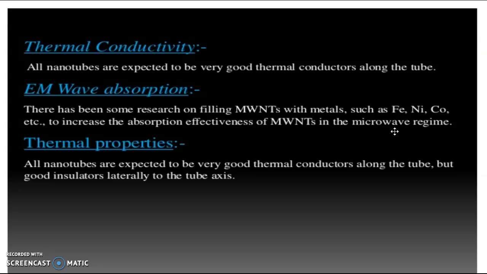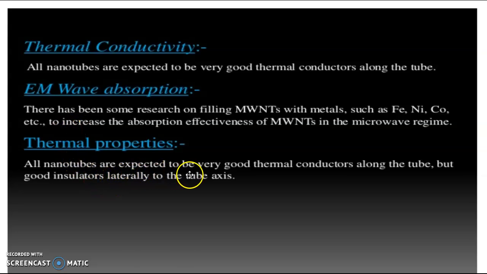You can see this microwave in your microwave ovens. We have so many applications regarding this microwave region. In order to increase the absorption capacity, we are filling the multi-walled nanotubes with elements such as iron, nickel and cobalt. Next one is the thermal properties.